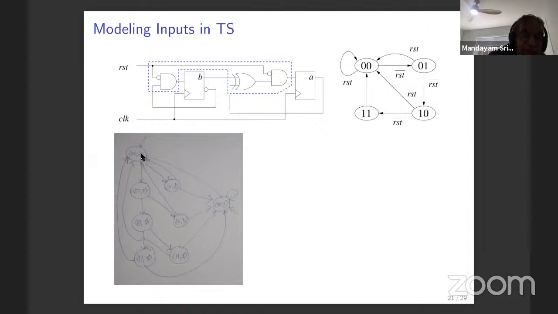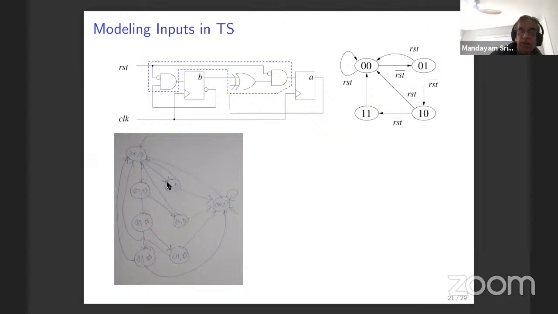So the reset component of the state can either non-deterministically go to 0 or 1. So each state here has two potential successor states, one in which the reset, which models the environment, can be either 0 or 1.